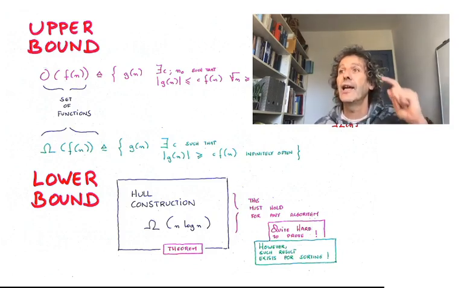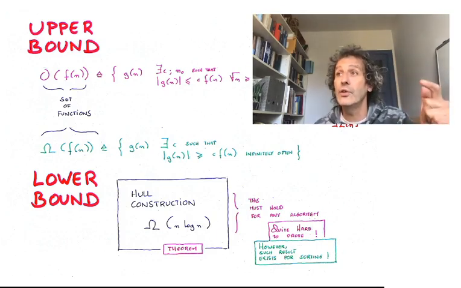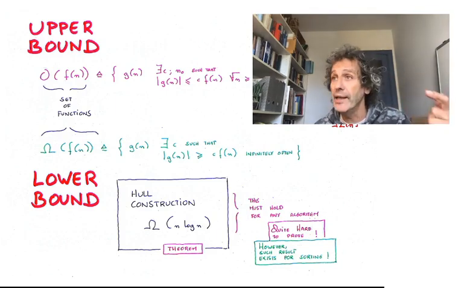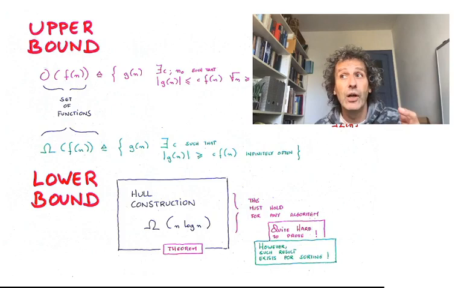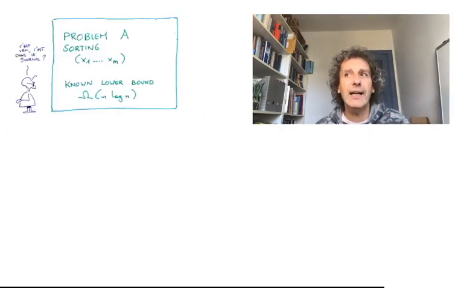Even this new algorithm will not be in order n. It will be order n log n. The constant before might be smaller, but it will not be faster.